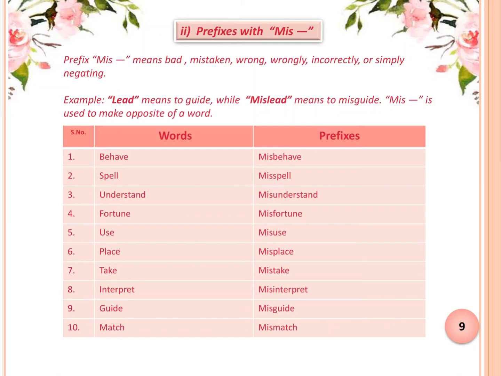Words, prefixes. Number 1, behave, misbehave. Number 2, spell, misspell. Number 3, understand, misunderstand. Number 4, fortune, misfortune. Number 5, use, misuse.